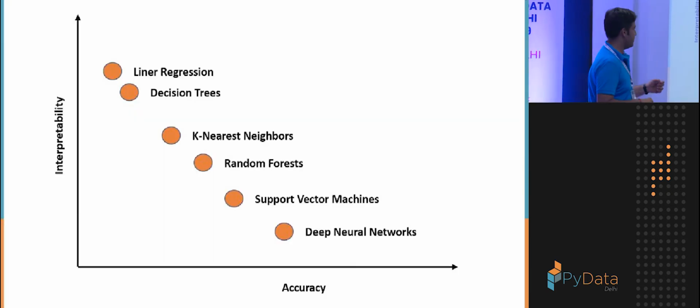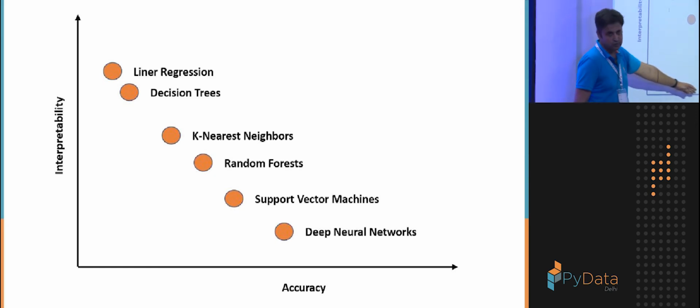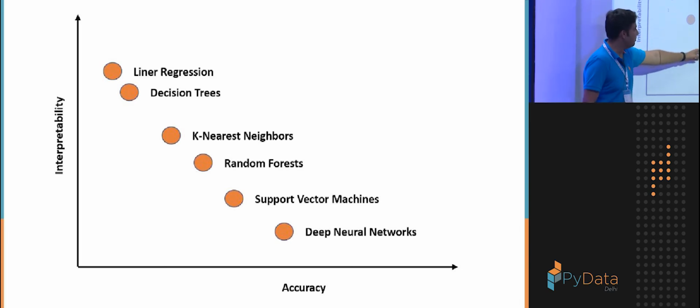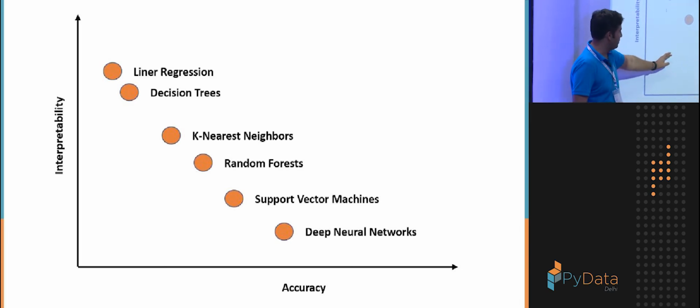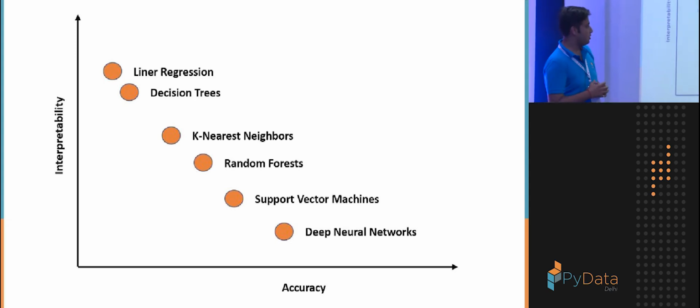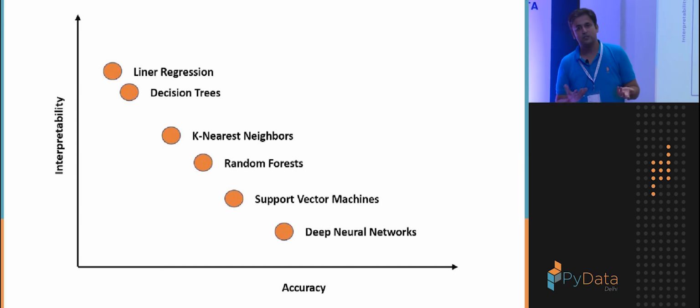As you can see, if we use simpler models, our interpretability is high but the accuracy may be low, and as we start using complex models, the accuracy improves but the interpretability goes low. Now, how much interpretability and accuracy is required is a business question.